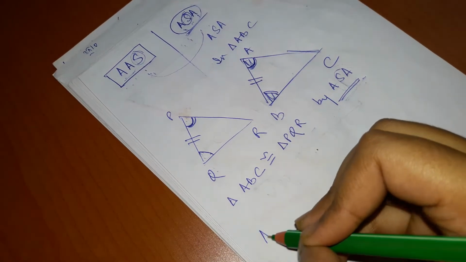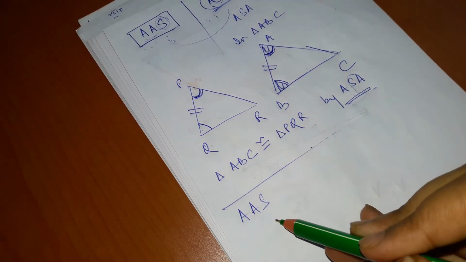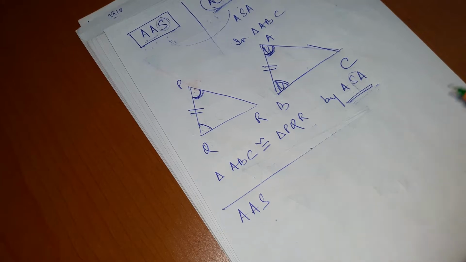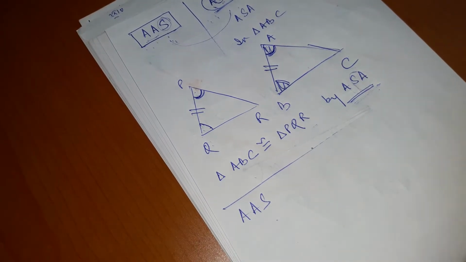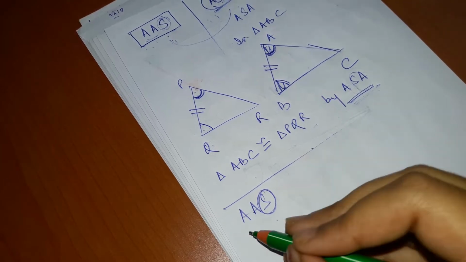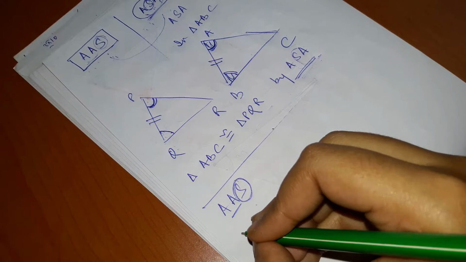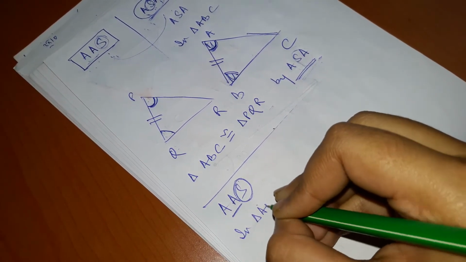Now for AAS, the only difference is that here also we will be selecting two angles and a side, but the main criterion is that this side will not be the side in between these two angles. What does that mean?